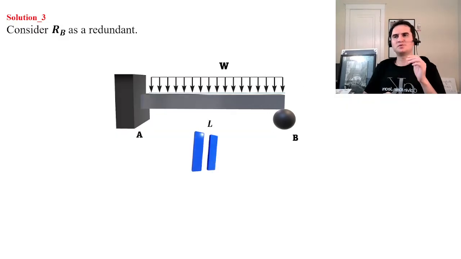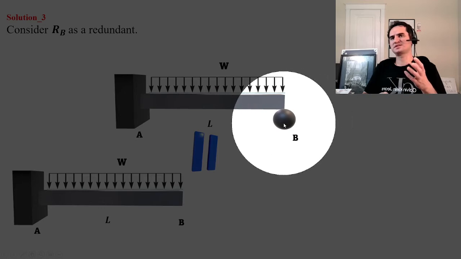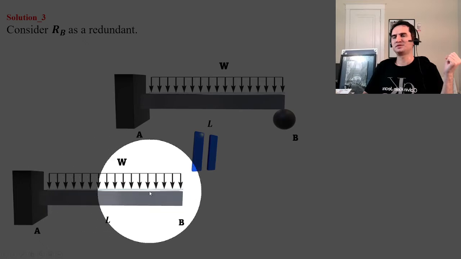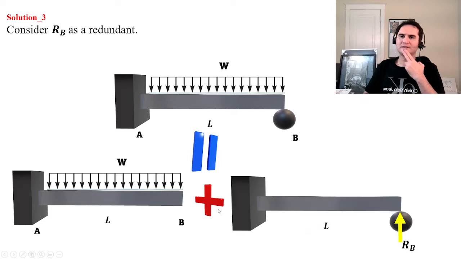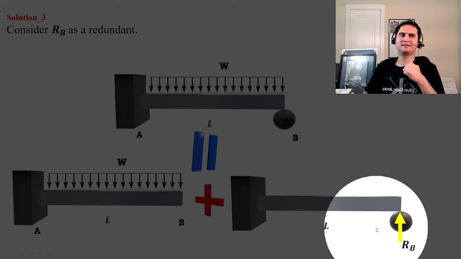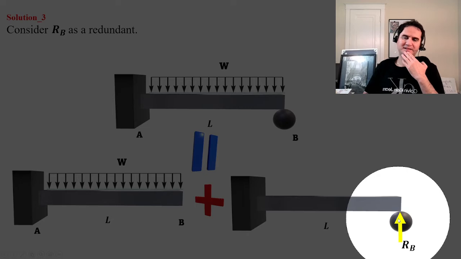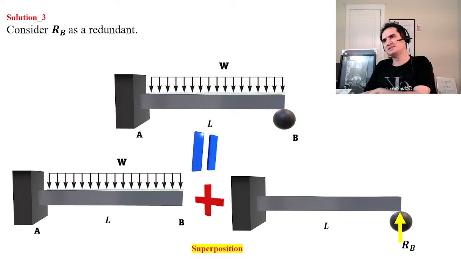Again, it goes to two different beams: just take out reaction B and you will have a cantilever beam with a distributed load of W all across the span, plus the same cantilever beam, but this time just carrying the upward reaction at support B. So that's the third approach.